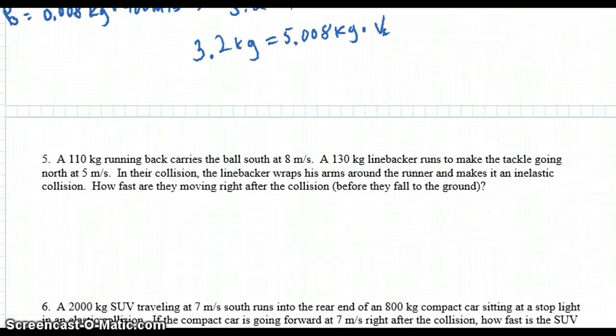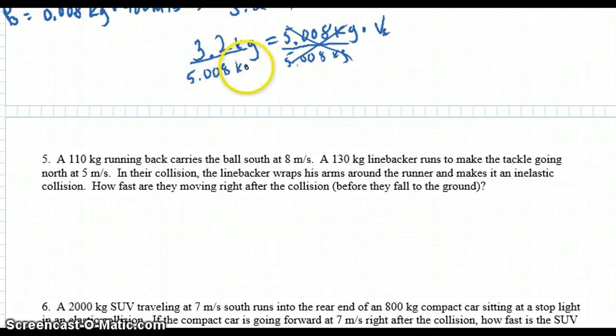So here we go ahead and divide both sides by 5.008 kilograms. That cancels out. And we get 3.2 divided by 5.008, which is 0.64 meters per second.